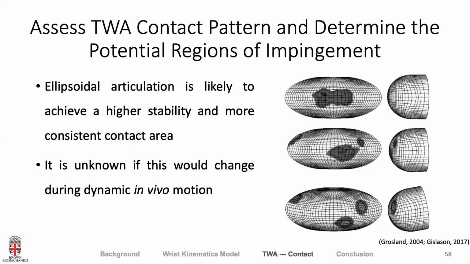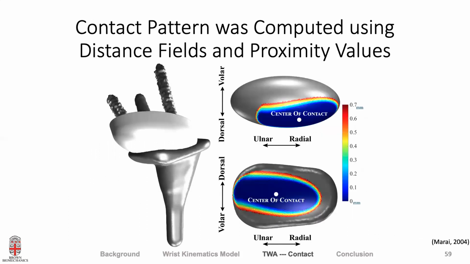So we hypothesized, assuming component congruency, that the center of contact is located at the geometric center of the carpal component and radial component, and it moves along the arc of curvature that they have. So we calculated the contact patterns between the carpal component and radial component using the wrist kinematics and the component-specific distance fields.